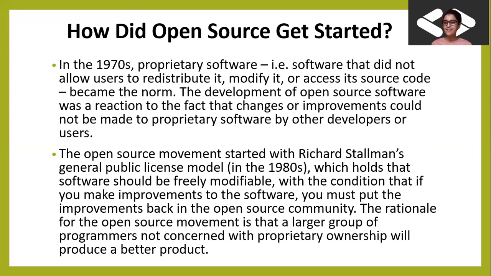So in the 1970s, proprietary software, which we have already talked about, the kind of software that did not allow the users to redistribute, modify, or access the source code, became a norm. Almost everyone was making proprietary software. And as far as I have heard and read, in the 1970s, for most people, the software or even the computer itself was pretty expensive to afford.